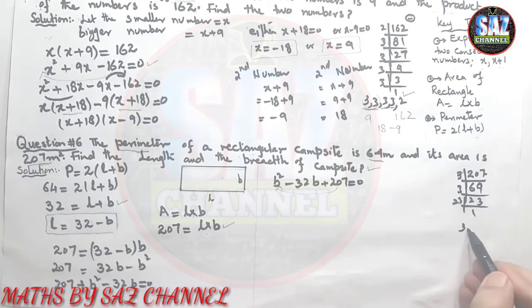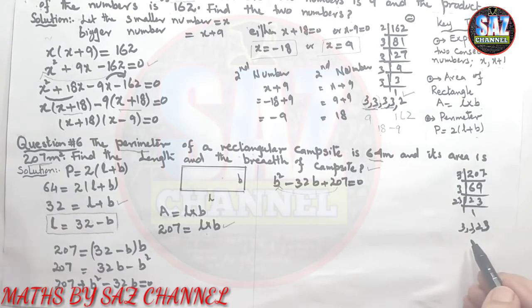So the factors are 3, 3 and 23. Now I have to set these three factors in such a way that when I'm multiplying, I get two numbers that give me 207, and when I'm adding, I get 32 with a negative sign.